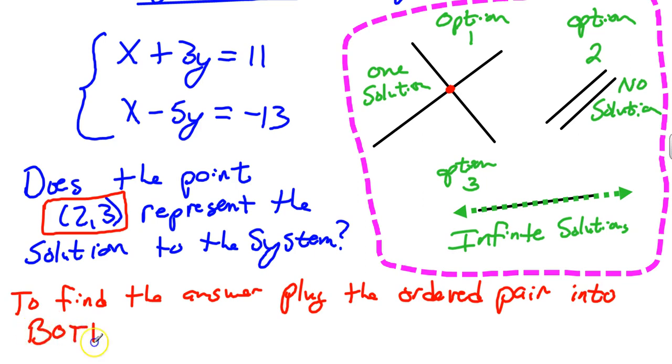Now here's the thing. Sometimes people will get one and be happy with it and go from there. But you've got to plug it into both equations, and it must be true in both equations.